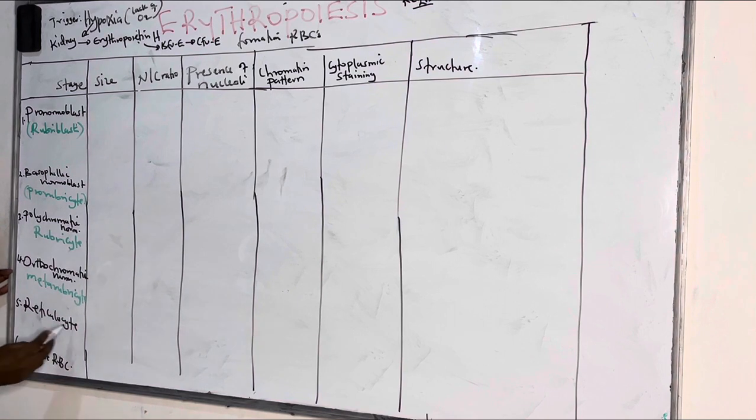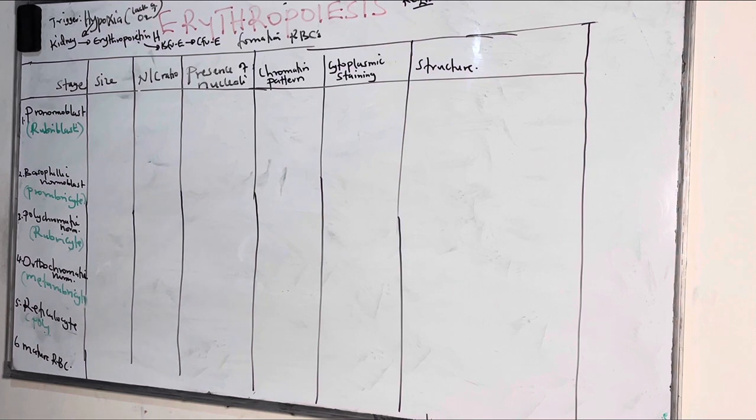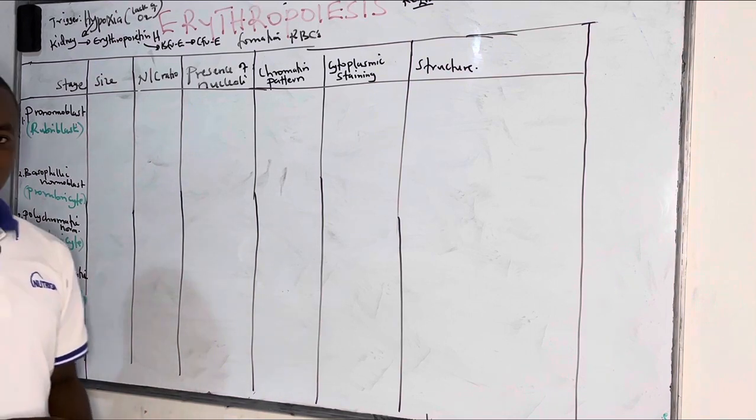Then this one is reticulocyte, or under Romanowsky stain, you can call it polychromatic cell. Then this is the mature cell. So these are the different names you are supposed to know. Another naming is to call the pronormoblast the early normoblast, this one the intermediate normoblast, and this one the late normoblast. That is another name we can call them.